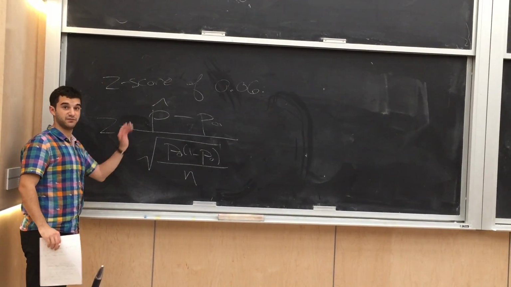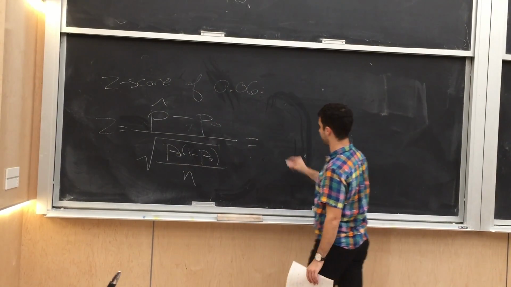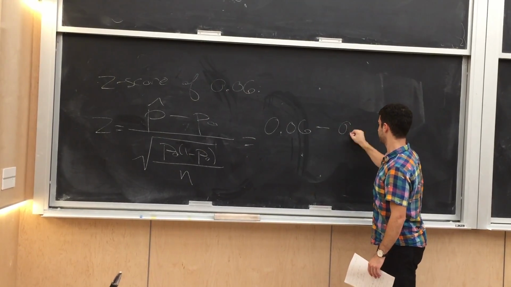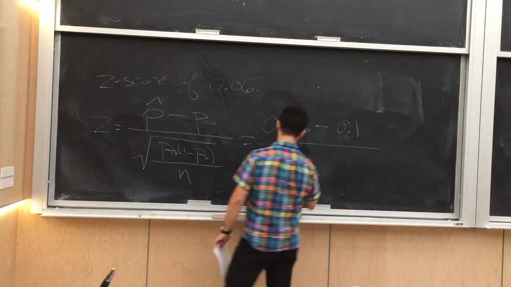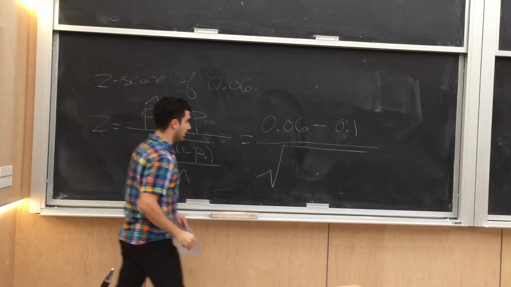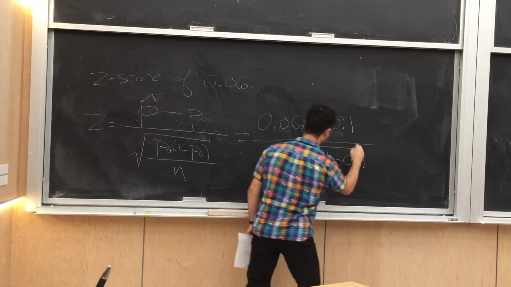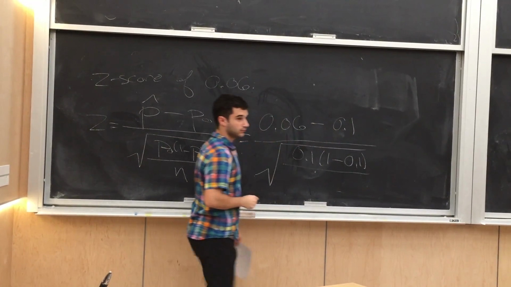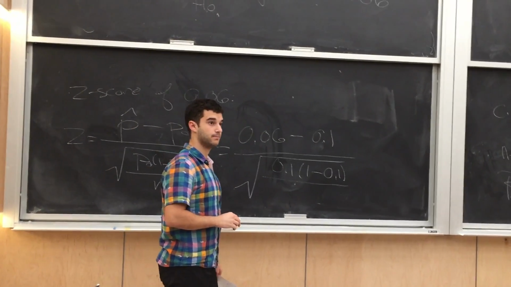And now we just fill in all these numbers. Our p hat was 0.06. Our p naught is 0.1. And then at the bottom we have the square root of 0.1 times 1 minus 0.1 over n. What's our n here again? It's 200.